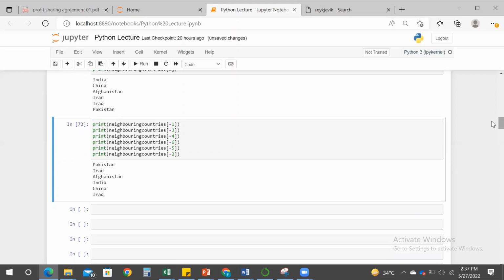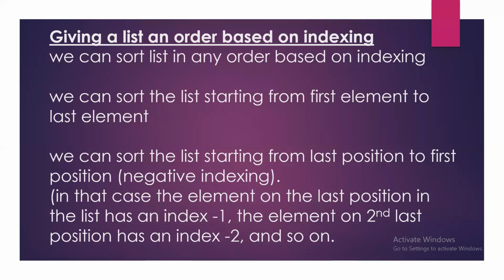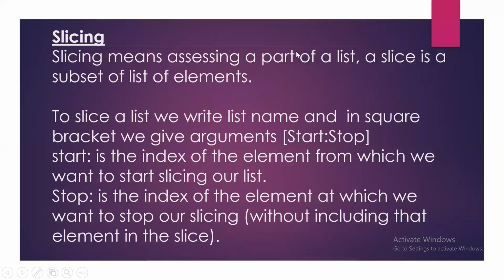So now let's see what more we can do with a list. We can also do slicing with a list. What is slicing? If we take a piece of cake and cut it into pieces, a single piece is a slice of the cake.